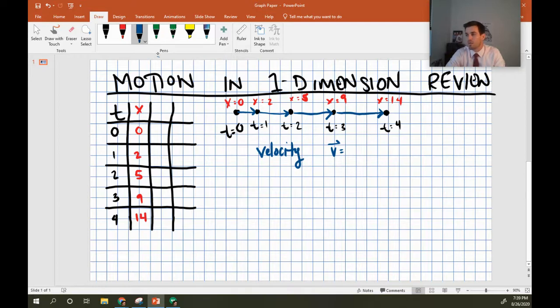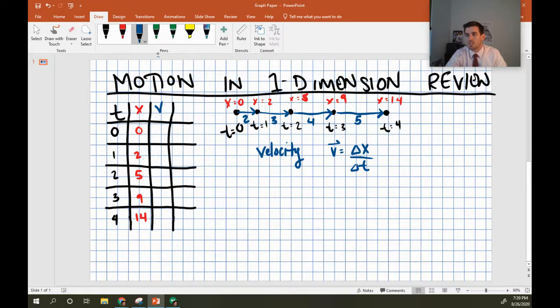We can find the velocity magnitude by doing the change in position over the change in time. Working that out, we can figure out that the velocity for this area here was 2, and then 3, and then 4, and then 5. That shows up on the table as well.